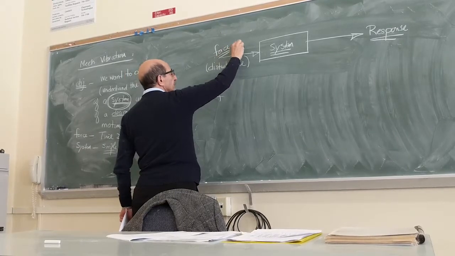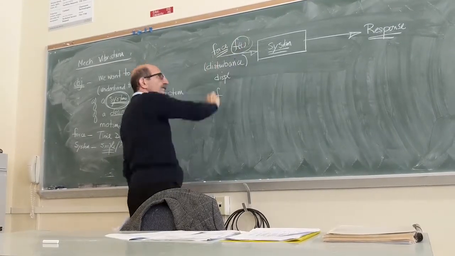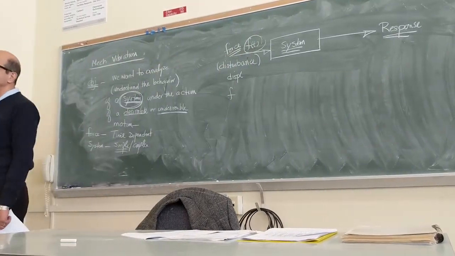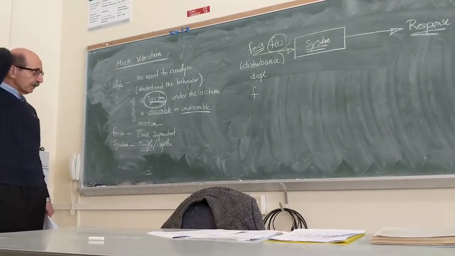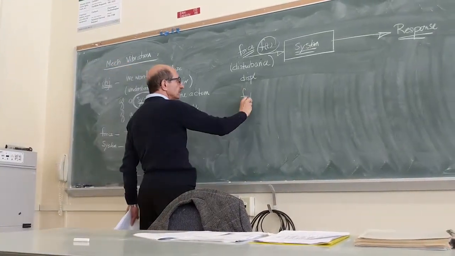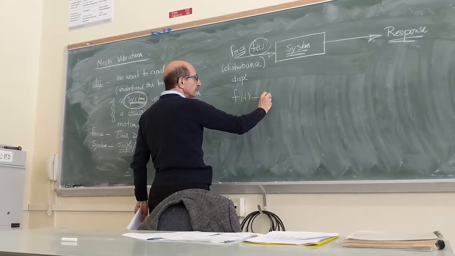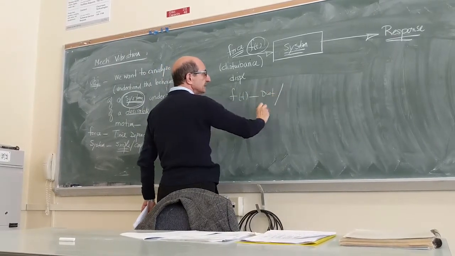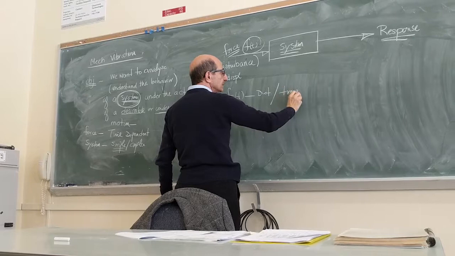Let's call this f of t. So we present that with this function of time, that for the time being, we say is a force. As I said, f of t is the disturbance, and it is time dependent.